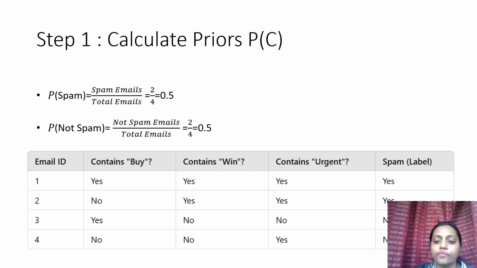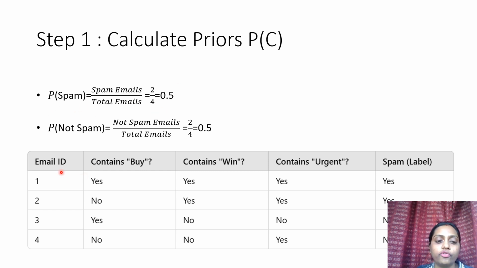So let's see from the data labels that we have two different classes. The total number is 4. There are 2 examples for the class yes, and 2 for the class no. So what is the probability of a message being spam? That means spam emails divided by total number of emails.